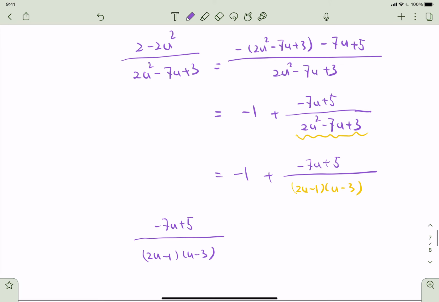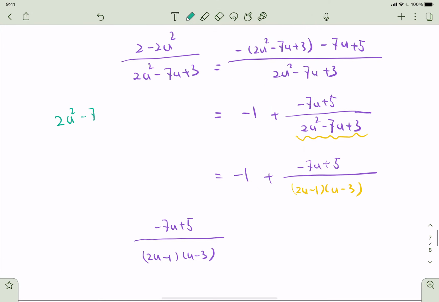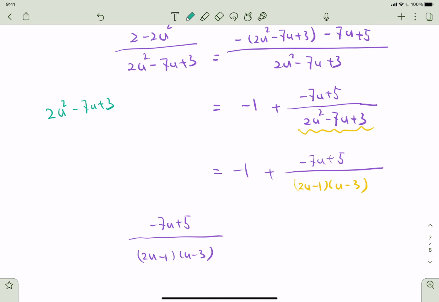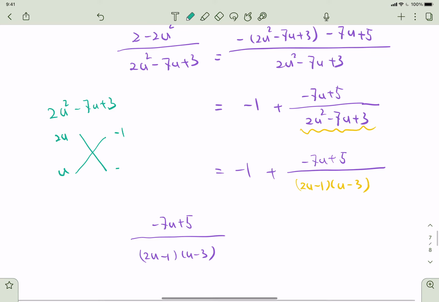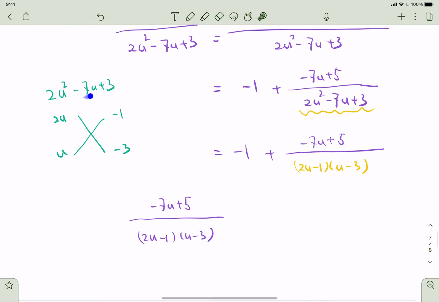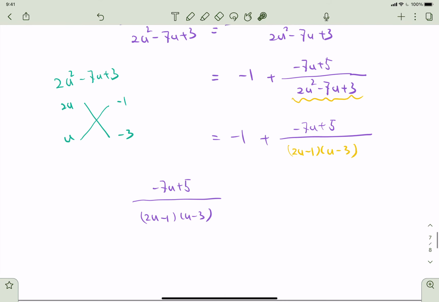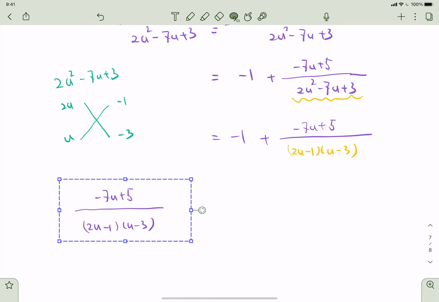If you're wondering how I figure out this factorization, for 2u squared minus 7u plus 3 we factor the leading term into 2u and u, and cross multiply, with negative 1 here and negative 3 here. When you cross multiply, you get negative 6u for this line and negative 1u for this, so it's totally negative 7u, which matches the middle term. That's how we came up with this factorization.